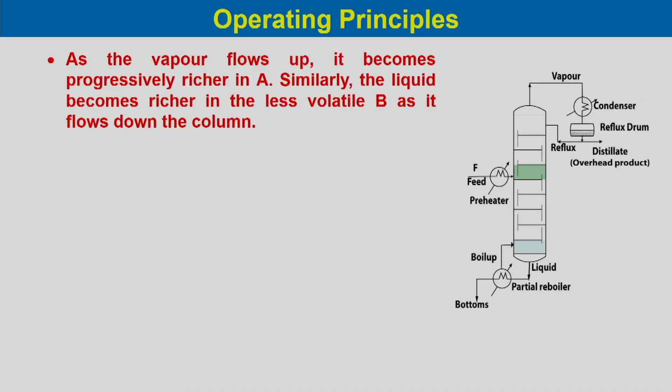As the vapor flows up, it becomes progressively richer in A. Similarly, the liquid becomes richer in the less volatile B as it flows down the column. So, it is now clear that the vapor flows up, liquid flows down, and the liquid becomes richer in the less volatile component, and the vapor phase in the more volatile component.